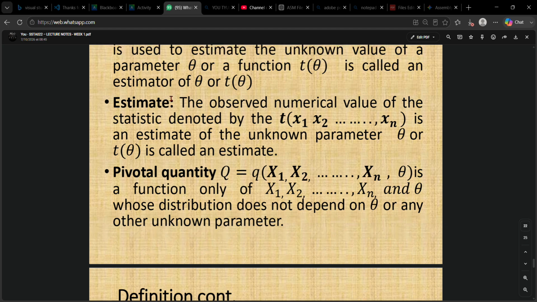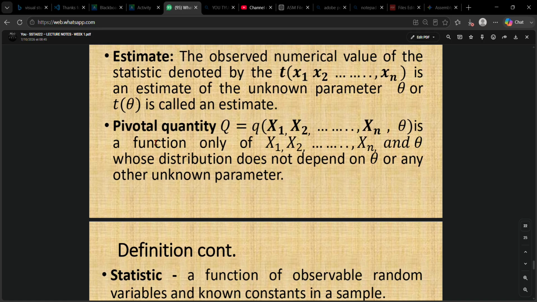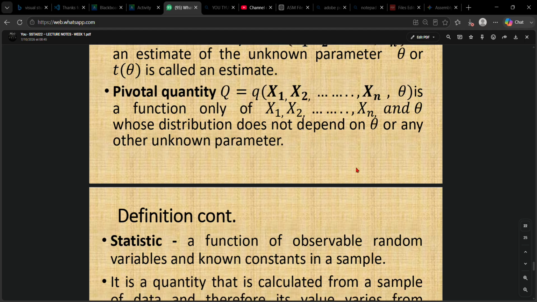The observed numerical value that you found, denoted by t(x), is the estimate, such as the expected value of X being an estimate. A pivot quantity is a function of only X1 up to Xn and theta whose distribution does not depend on theta.